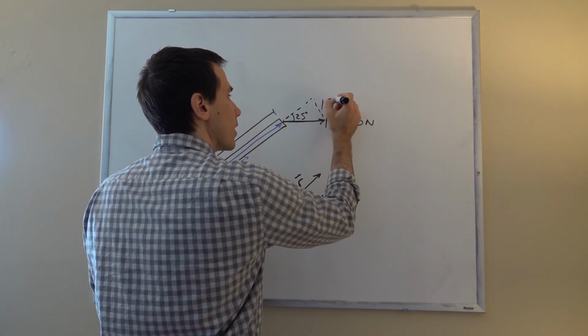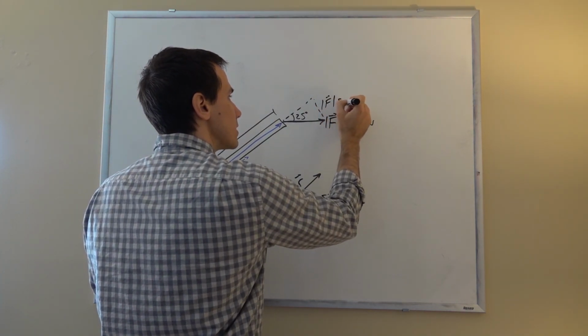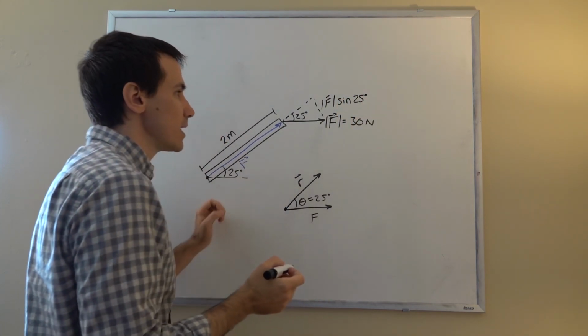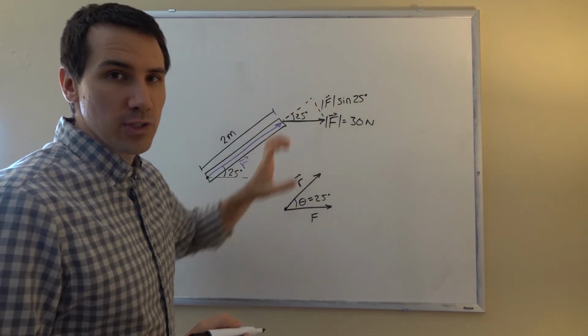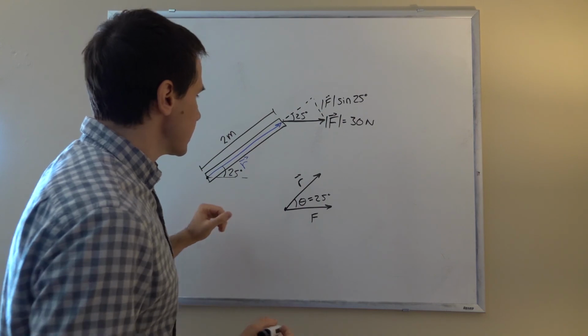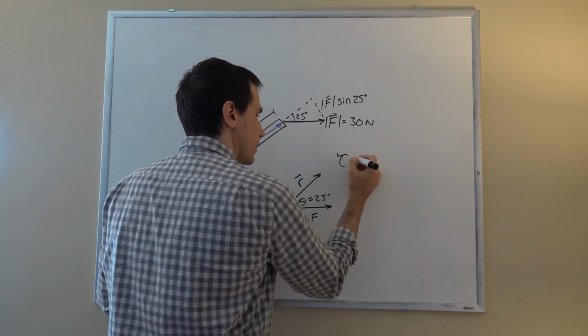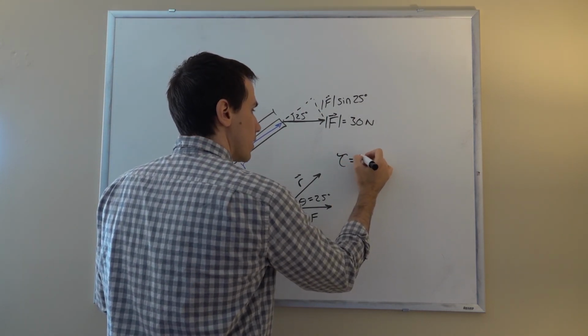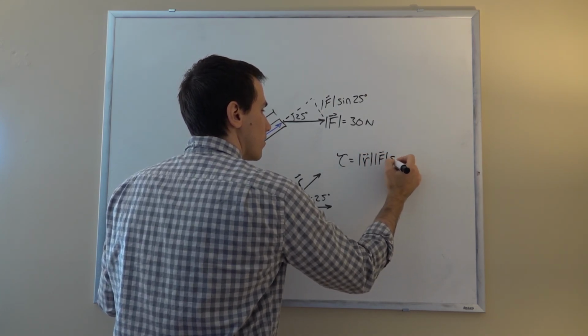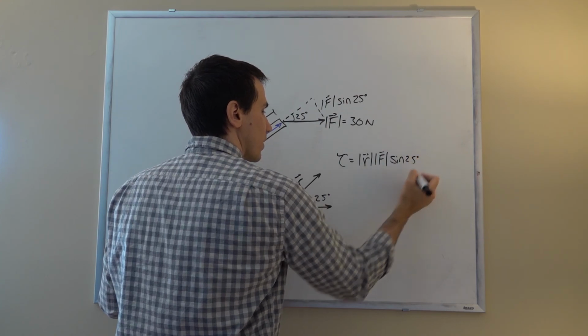This is our F sine 25 degrees force. That is what's causing the torque. Okay, so in this case, we can find the torque on the object as magnitude of R, magnitude of F, multiplied by the sine of 25 degrees.